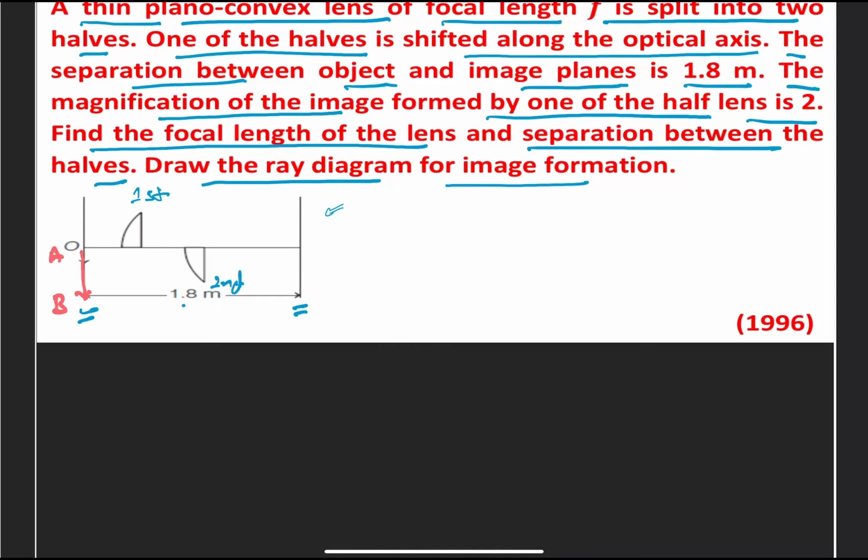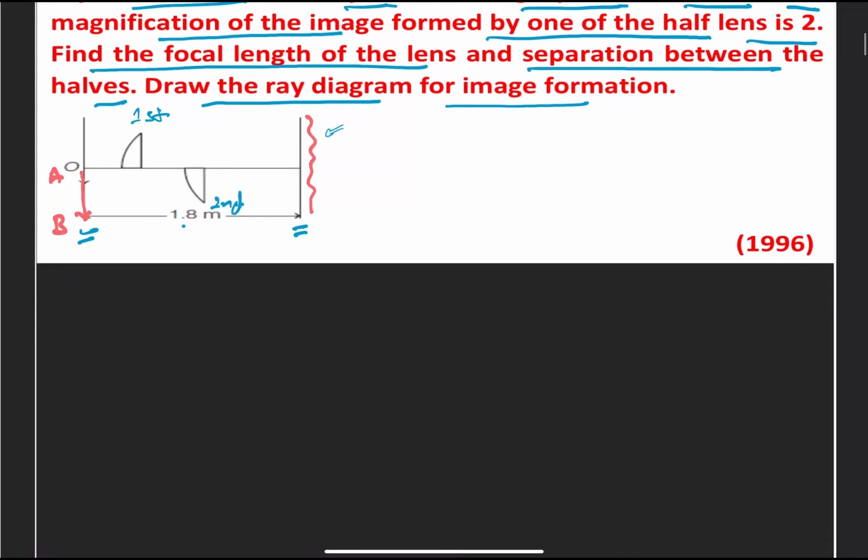Similarly, the corresponding image will be formed somewhere here on this screen, and that image will be for the first as well as the second lens. So the position of the image as well as the object is fixed with respect to the first lens as well as the second lens.